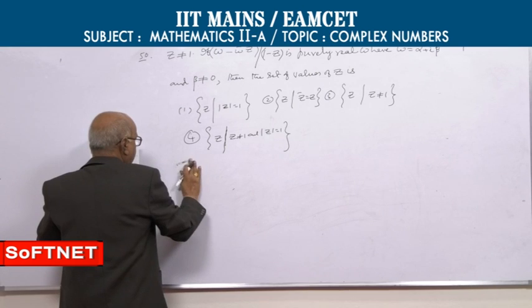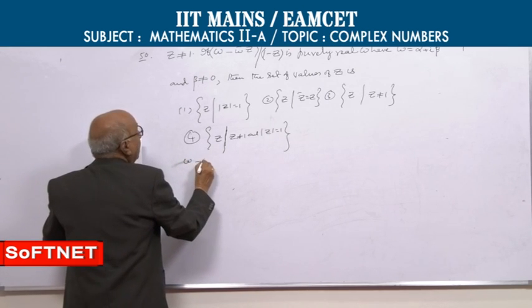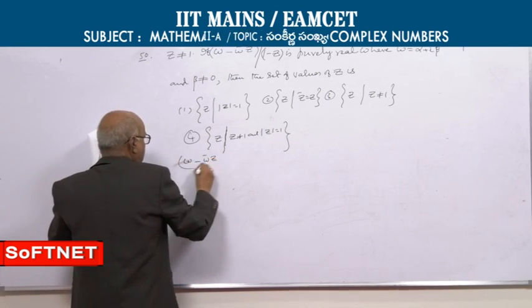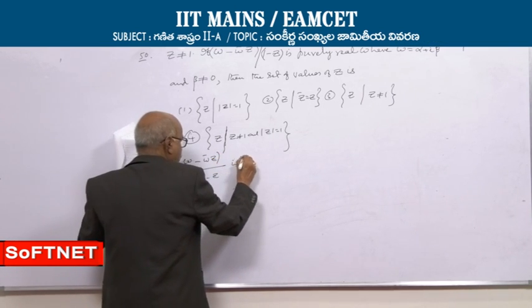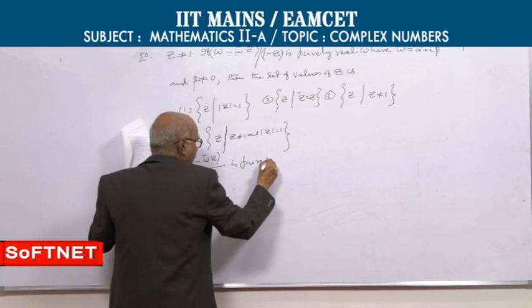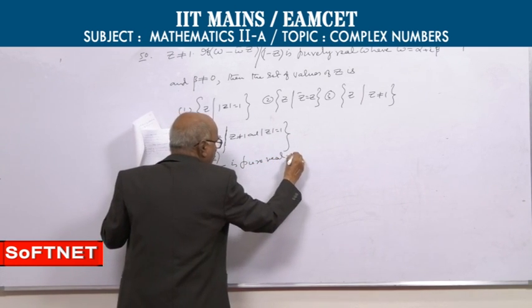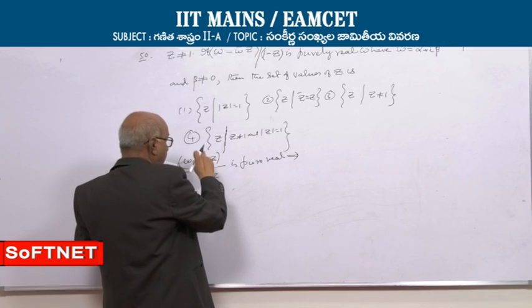What you are given is that (ω − ω̄z)/(1 − z) is purely real, which implies its conjugate is equal to itself.